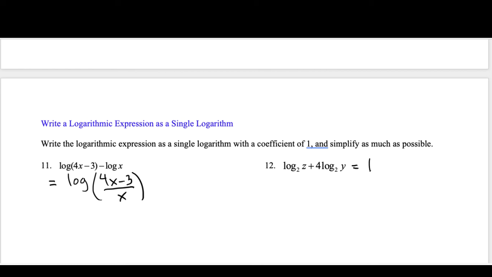So this is equal to log base 2 of z plus log base 2 of y to the 4th. And then I can apply the product property and write this as log base 2 of the product z times y to the fourth.